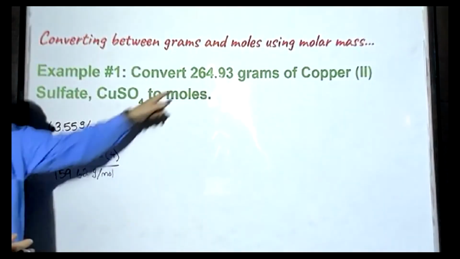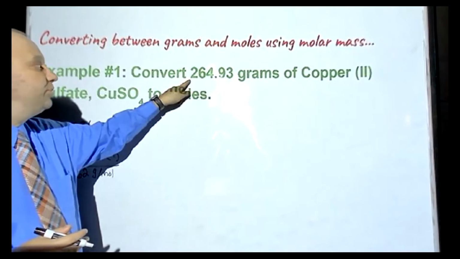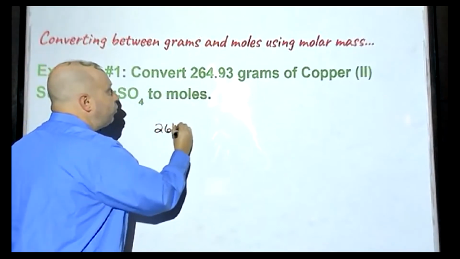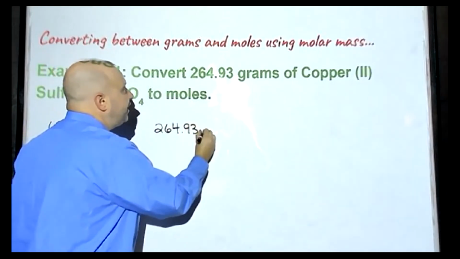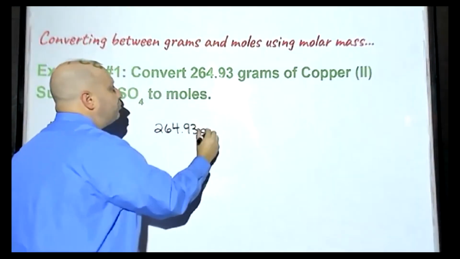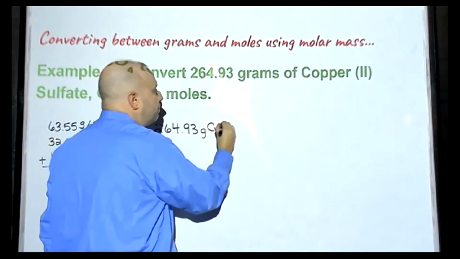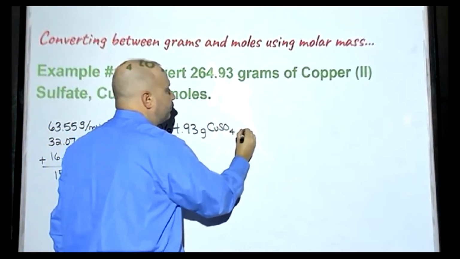We're going to begin with the information that's presented to us in the problem. We have 264.93 grams of copper 2 sulfate, so CuSO4. We're going to put that right here.